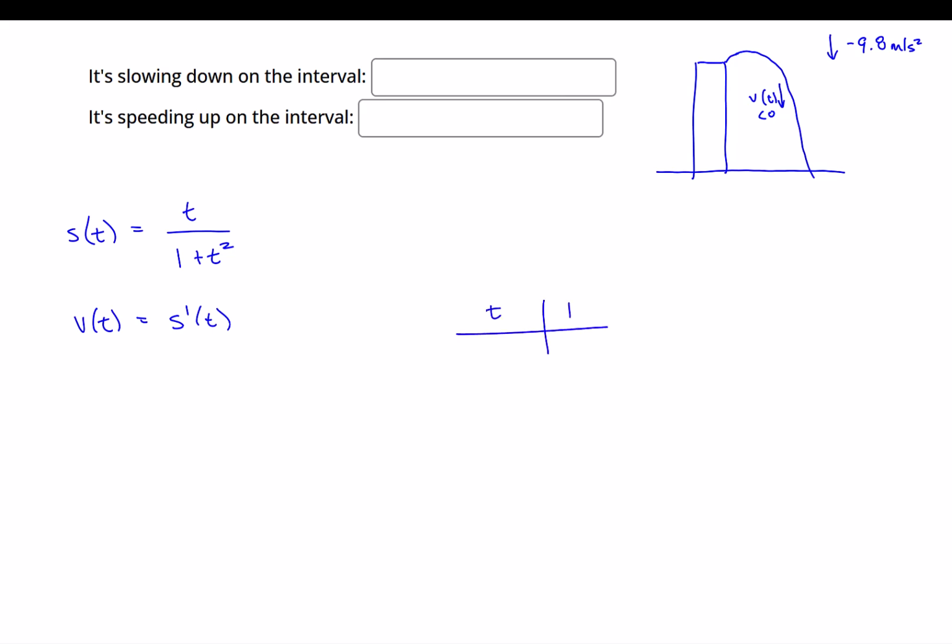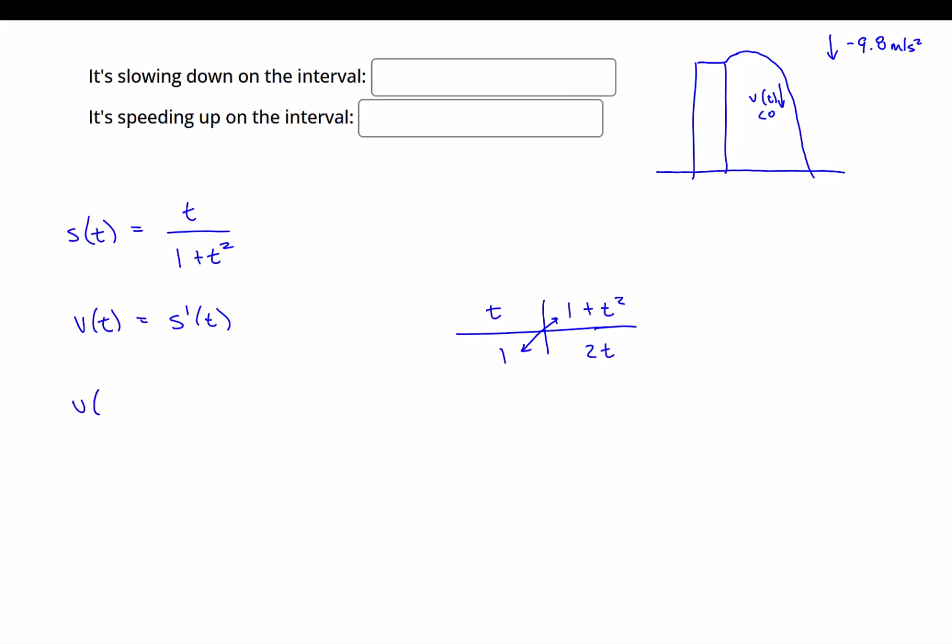I put my numerator and denominator in these two parts of the box, and then the derivatives of each of those down below. And as long as I remember to multiply these two corners together first, it just ensures that you get the direction of the sign correct in the quotient rule.